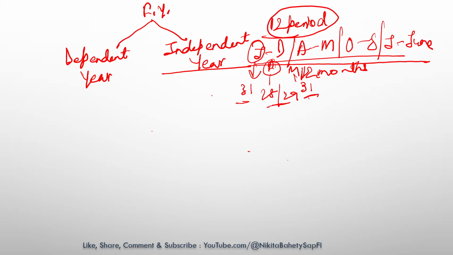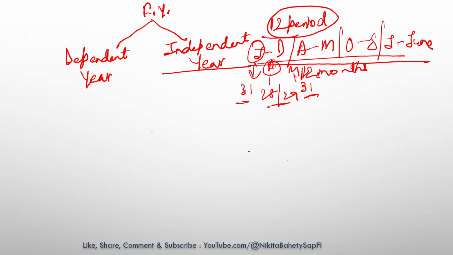There is no change in this. The month starts at the first and ends at either 30, 31, or 28 or 29 if it is February. So there is no confusion in it. This is the independent year. Hope you are clear about it, right? And it is a one-time setting. We will do the setting one time because it's obvious that January will start from 1st and end at 31st.